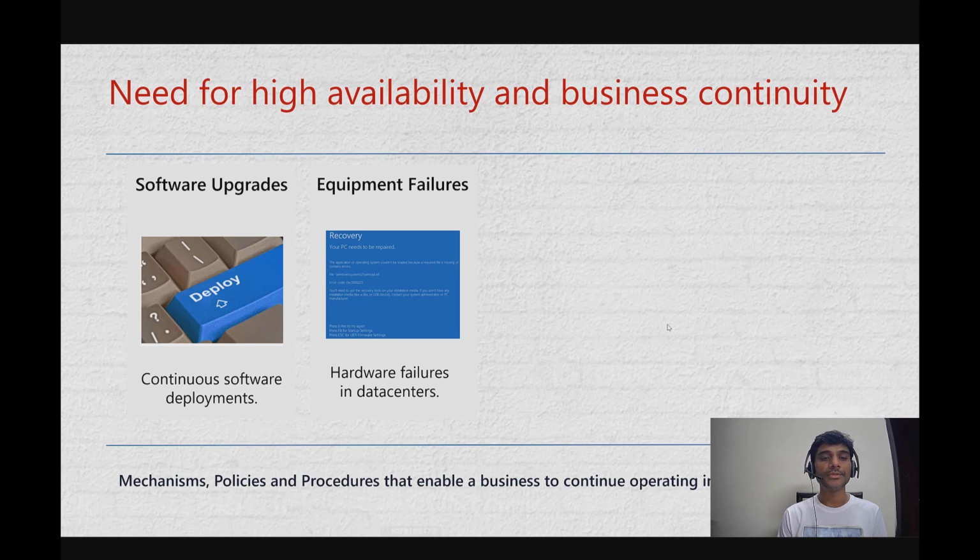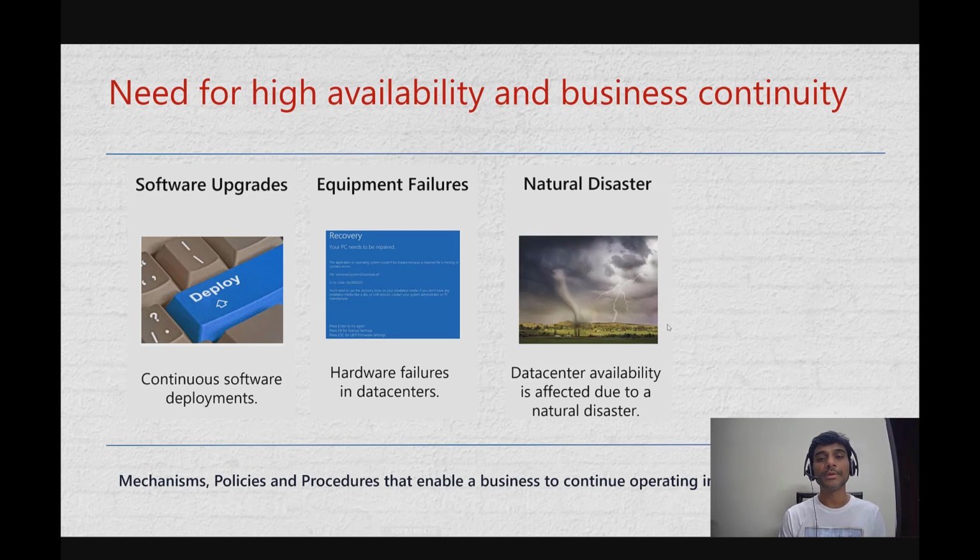So when these kinds of issues happen, we need to make sure that your databases are resilient to hardware failures, and that they quickly move over from a bad node to a healthy node. There are things which happen outside our control, like natural disasters.